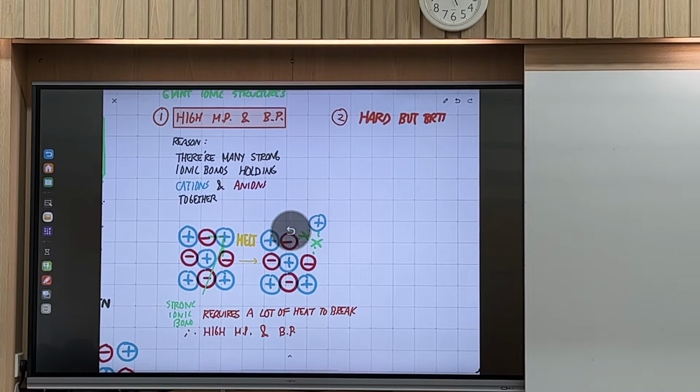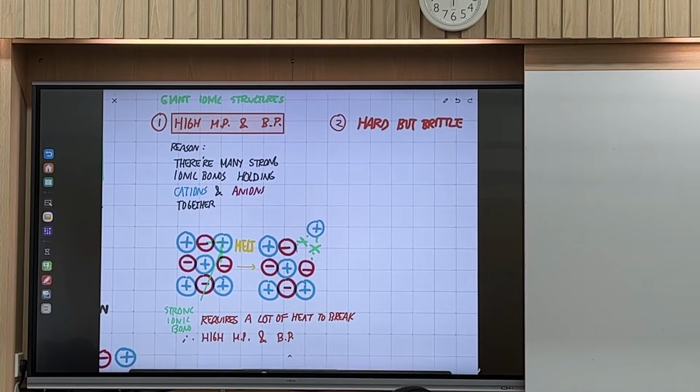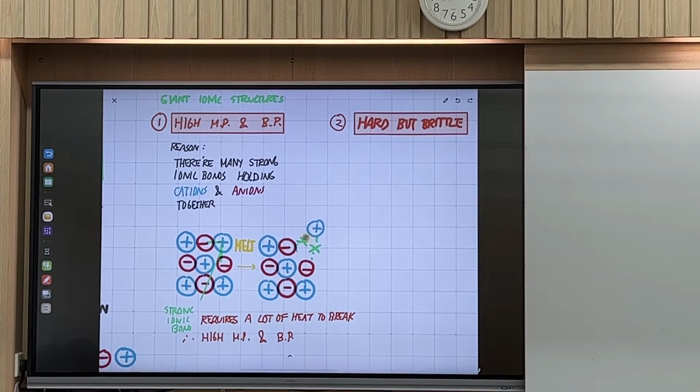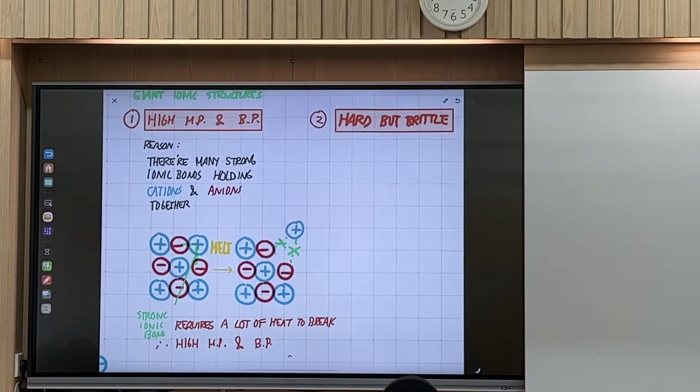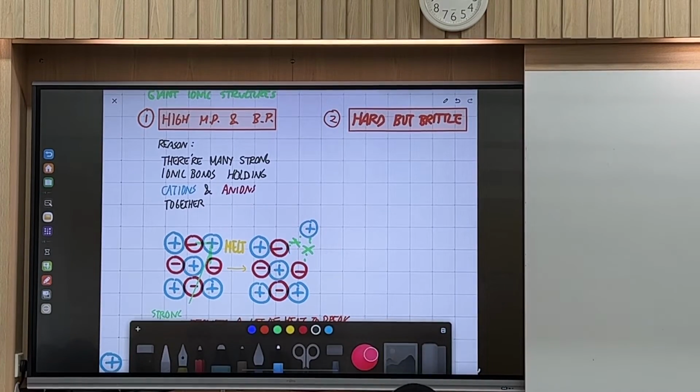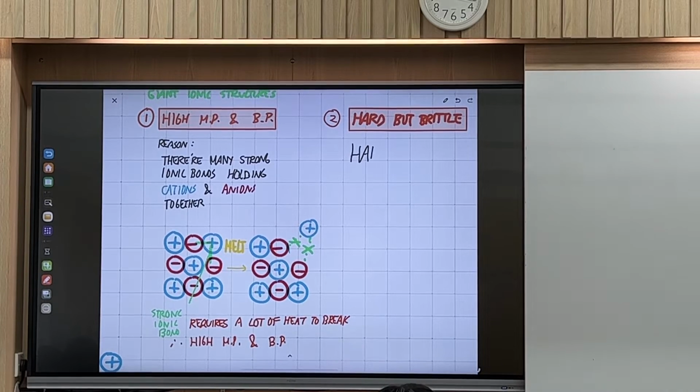First, let's explain why they are hard. They are hard because they have many strong ionic bonds again. If these bonds require a lot of energy to break, it means it's not easy to deform the structure. So you can write down reason number one: it's hard because of the many strong ionic bonds.